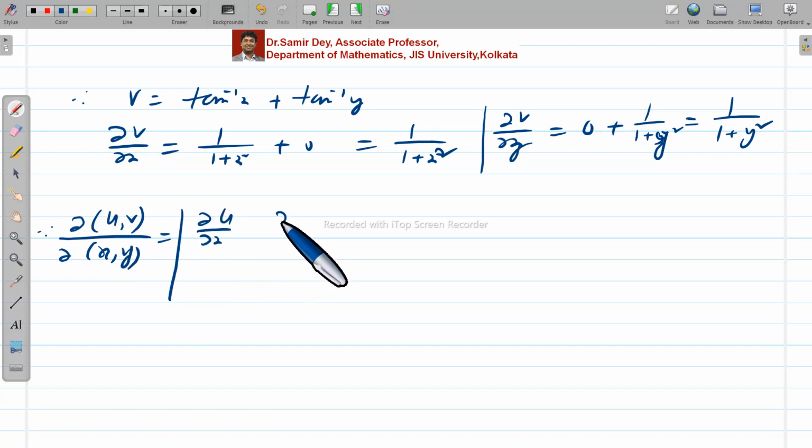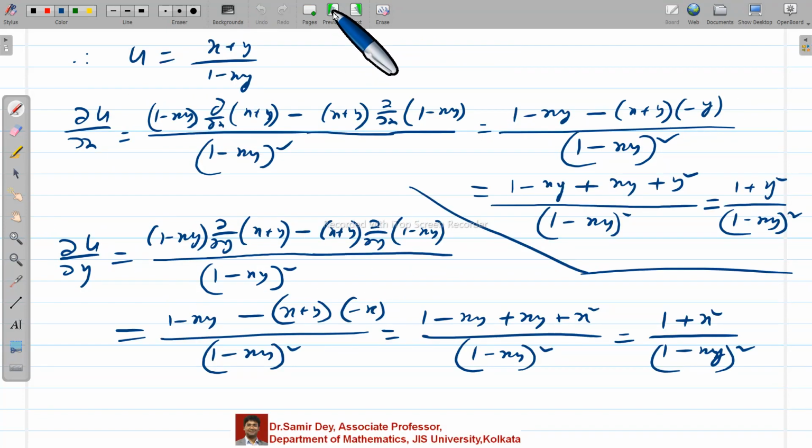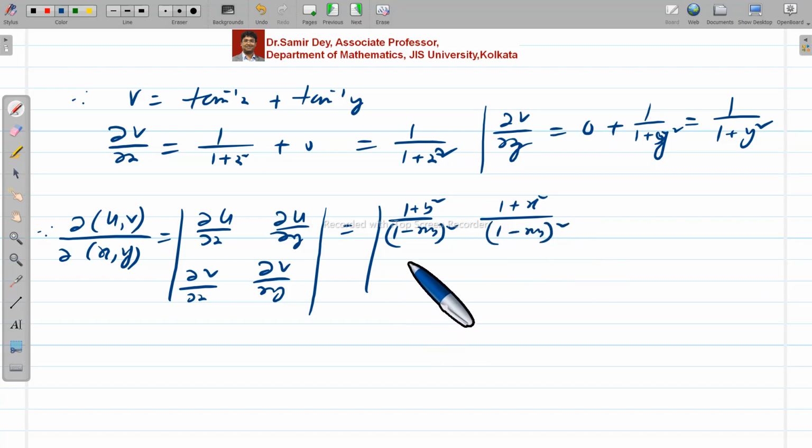So therefore you may write down del of uv by del xy is equal to del u del x, del u del y, del v del x, del v del y. What is your del u del x? It is coming 1 plus y square by 1 minus xy whole square. It is coming 1 plus x square by 1 minus xy whole square, and it is coming 1 by 1 plus x square and 1 by 1 plus y square.